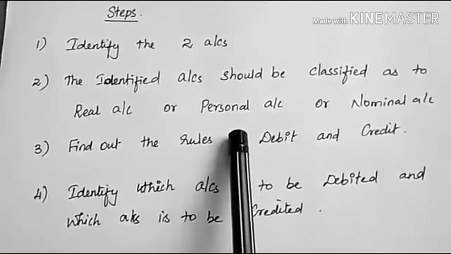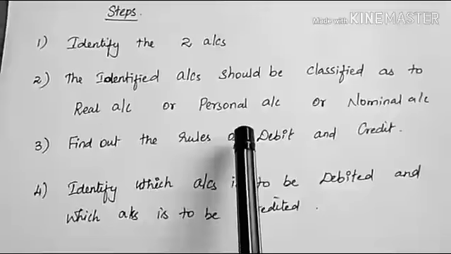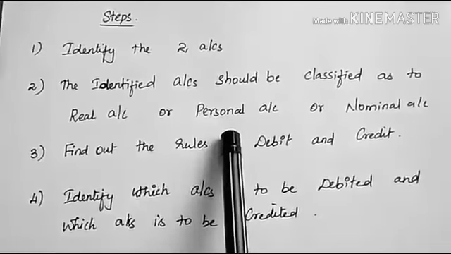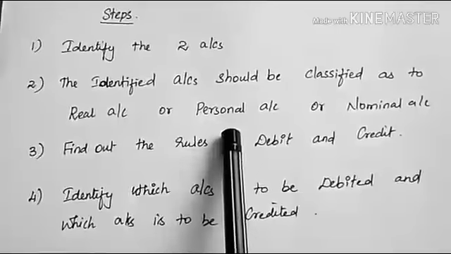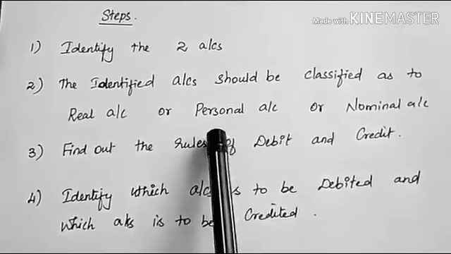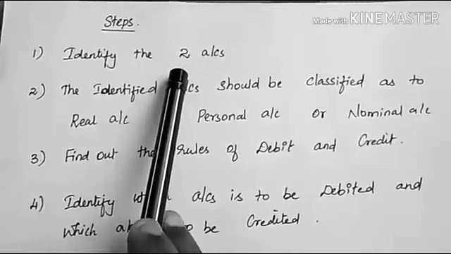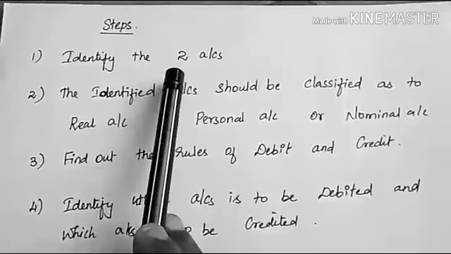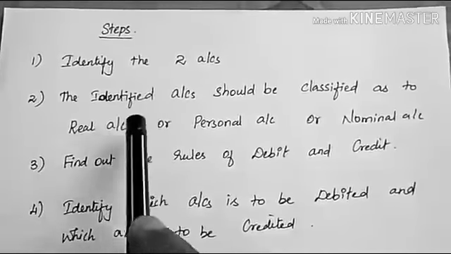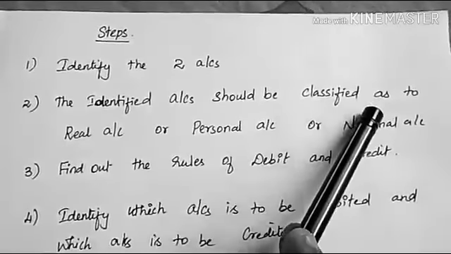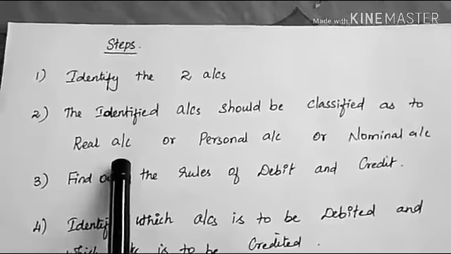Take the example of salary paid. What is the entry for this transaction? Salary account to cash. Two accounts are involved in the particular transaction, and you have identified them: one account is salary and the other account is cash. After identifying the two accounts, you need to classify them. The first item is salary.